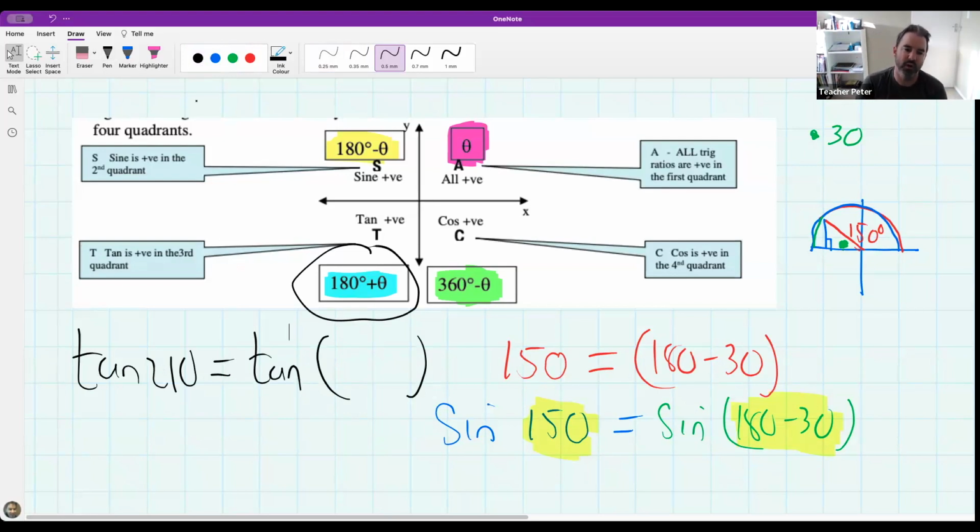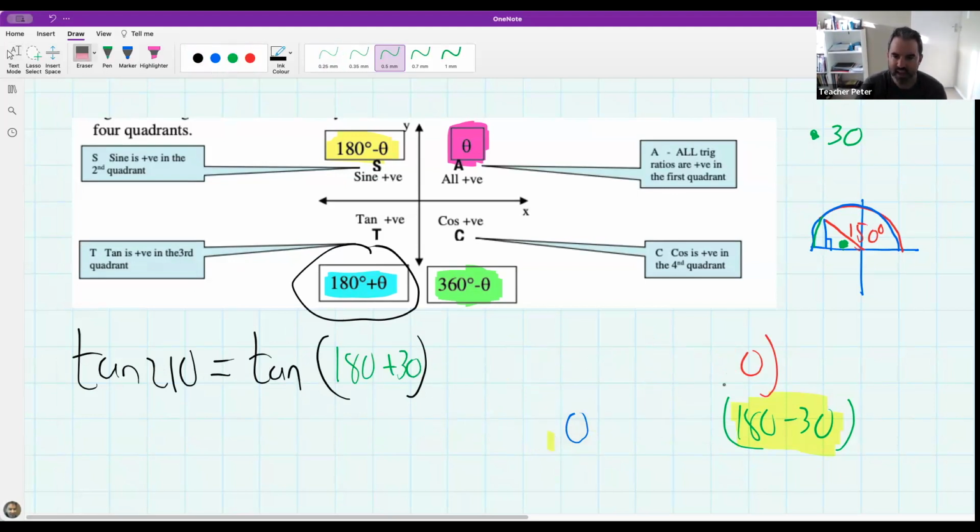What do you think I'm going to rewrite tan as using that formula? It is just going to be 180 plus 30 because it's the same as 210. Exactly.